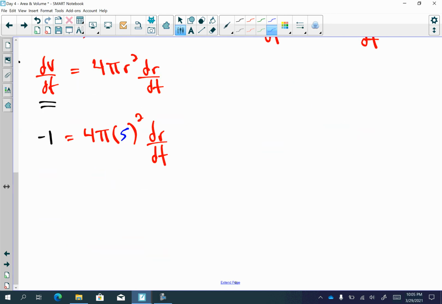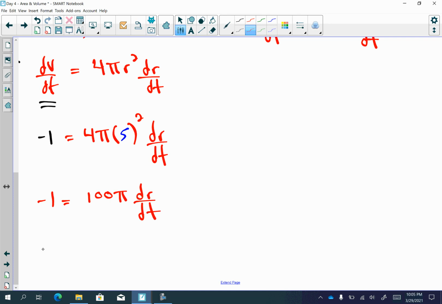And I'll just work this out. 5 squared is 25, times 4 pi, that's 100 pi, times dr over dt.